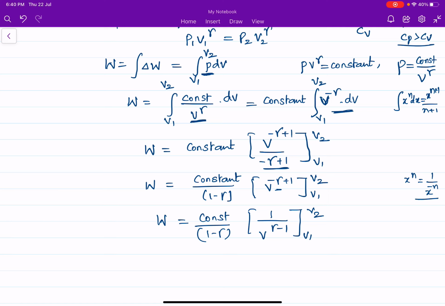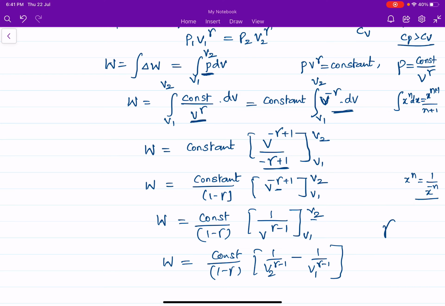Now just apply the final limit; wherever V is there, just put V2. So work done is equal to some constant divided by 1 minus gamma into 1 by V2 power gamma minus 1, minus, apply the lower limit now, 1 by V1 to the power of gamma minus 1. It is not R, it is gamma.